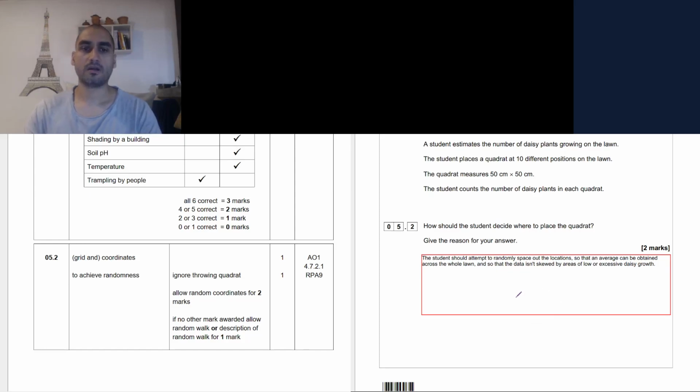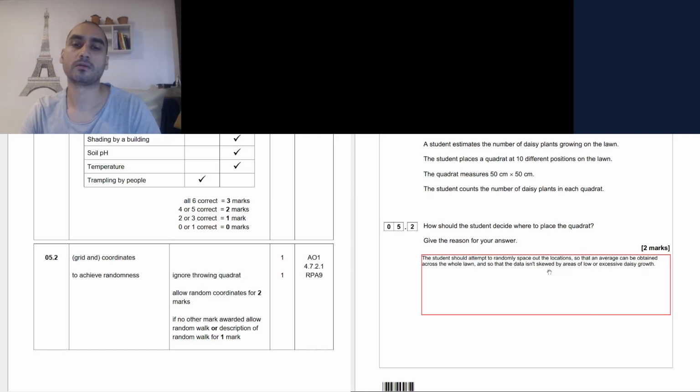What? I mean, that's implied. Did I really need to mention coordinates? Just allow random walk or description of random walk for 1 mark. I just thought it would go without saying what random means, but I wasn't really answering the question.